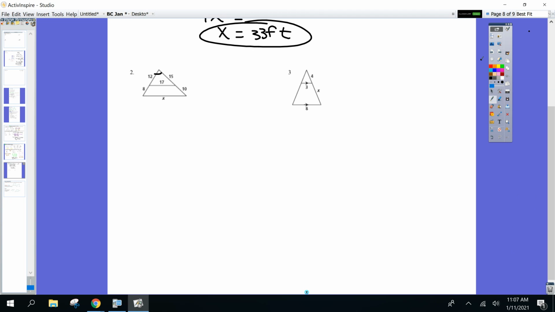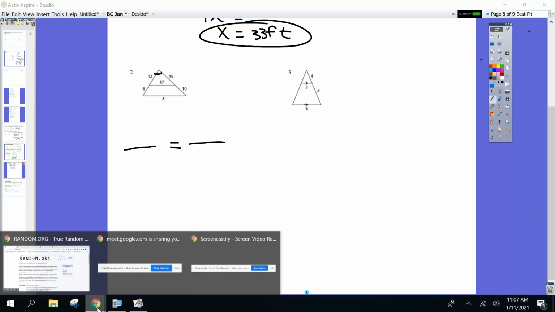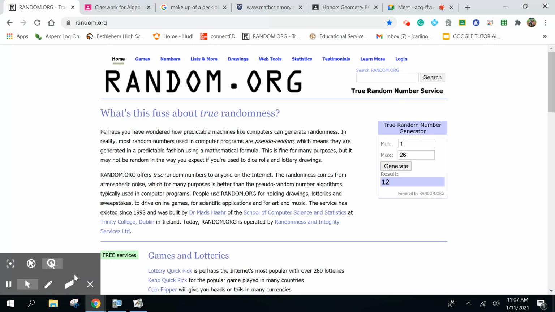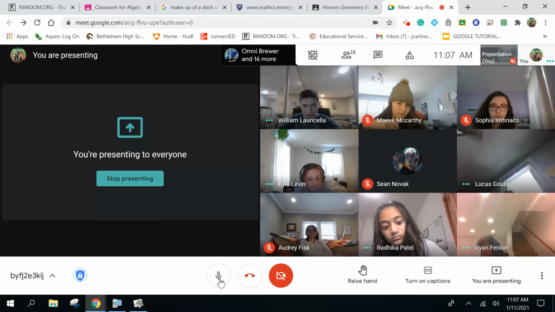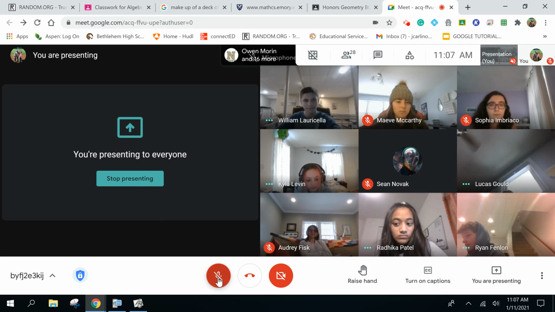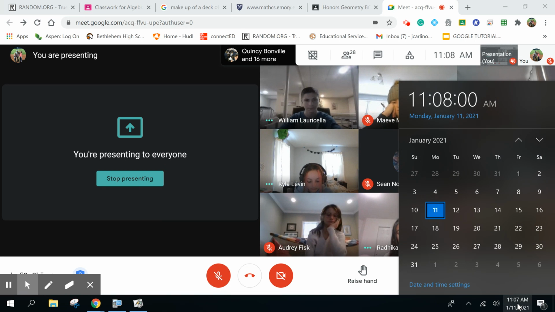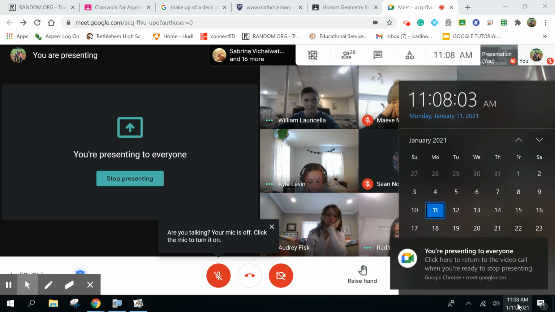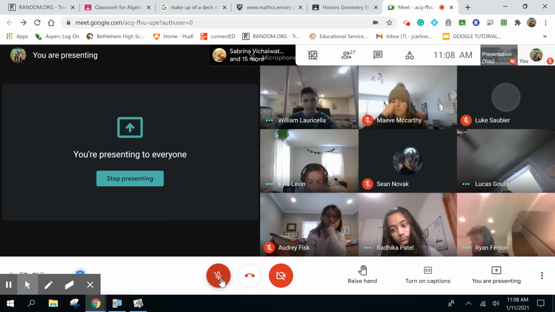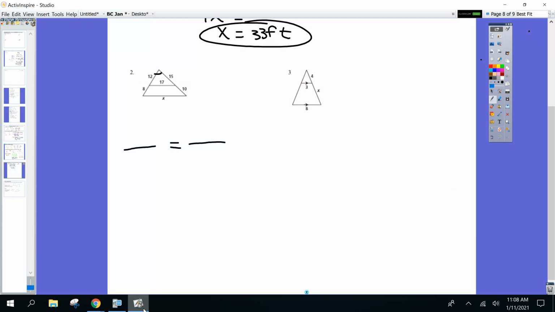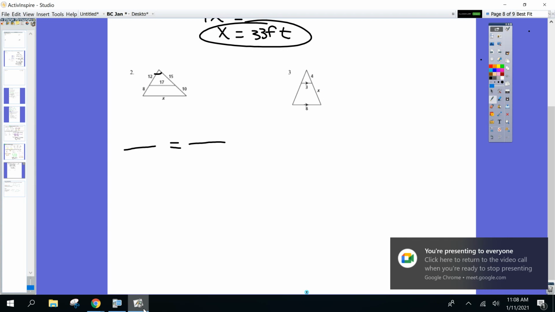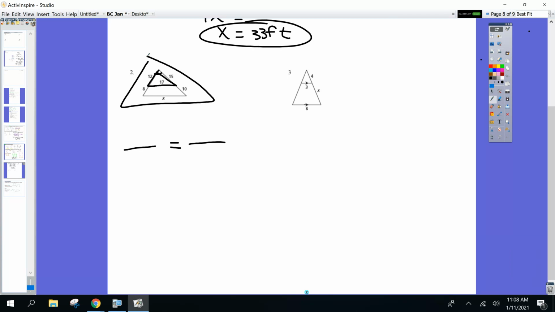All right, this one right here, real quickly. Everyone see how you have a smaller triangle and then a bigger triangle, correct?